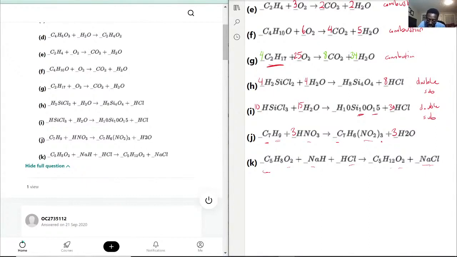But the carbons stayed the same. So the only way for that to happen is if these two were to double. And that's it. Because now we have 8 plus 9 plus 10 plus 11 plus 12, which is H12 right there.